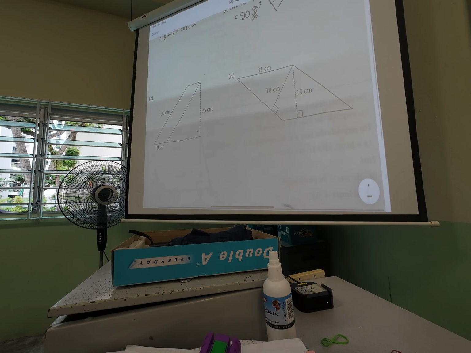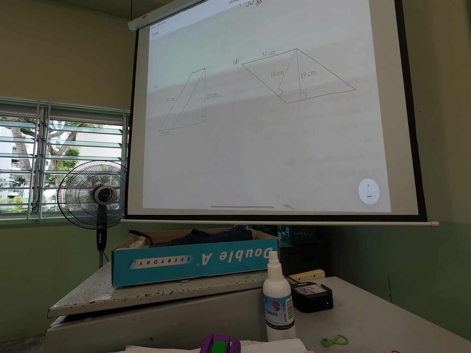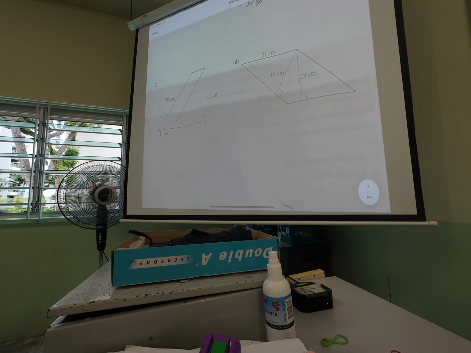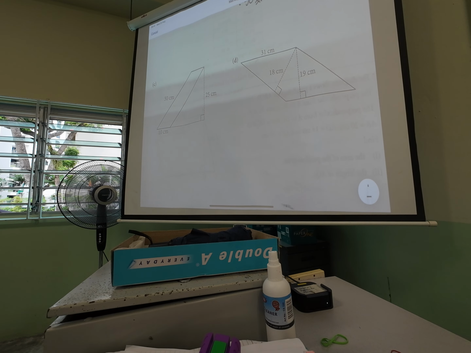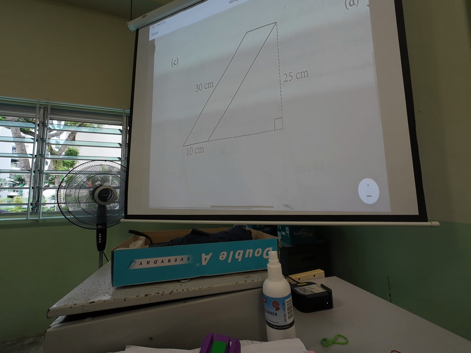Okay? Okay, try C and D. See whether you can identify where is your height, where is your base. Not as easy, need to think a bit. Is 30 my base or is 10 my base? Or is 30 my height, 10 my height, or 25 my height?